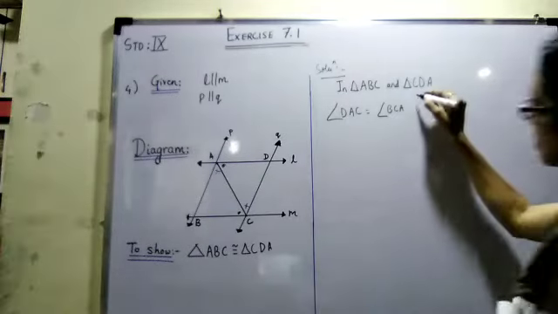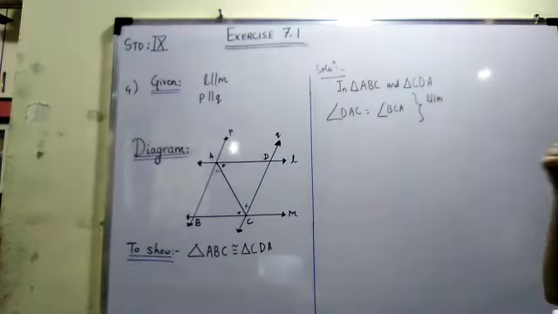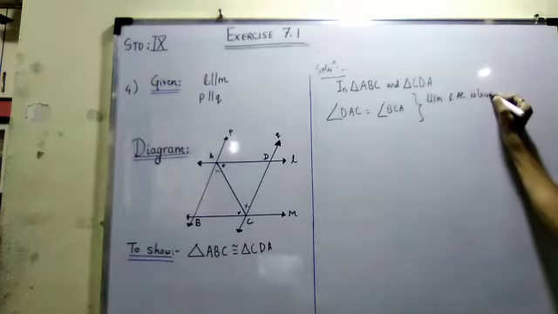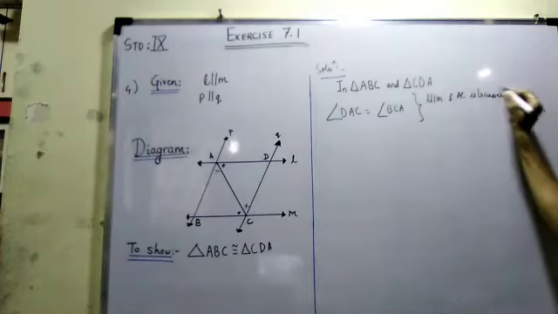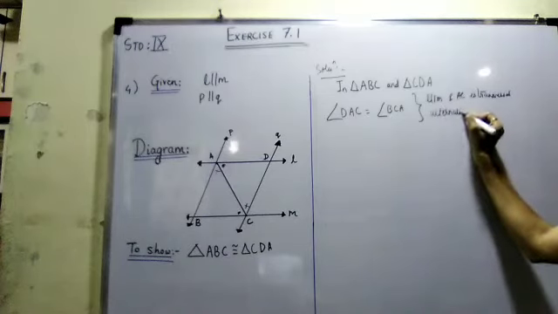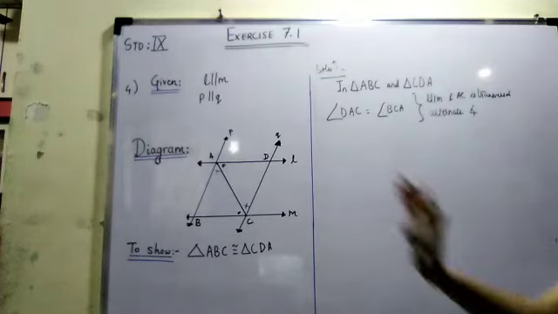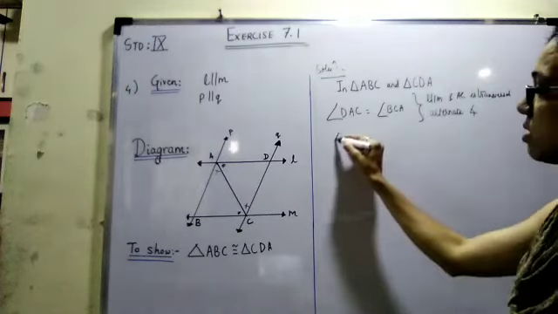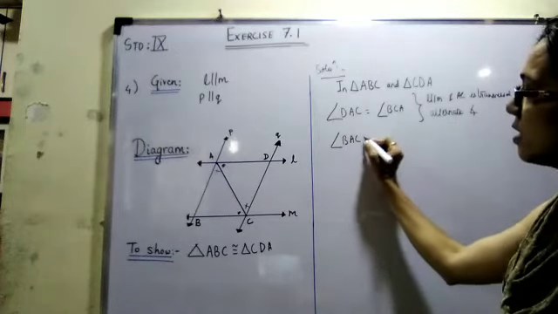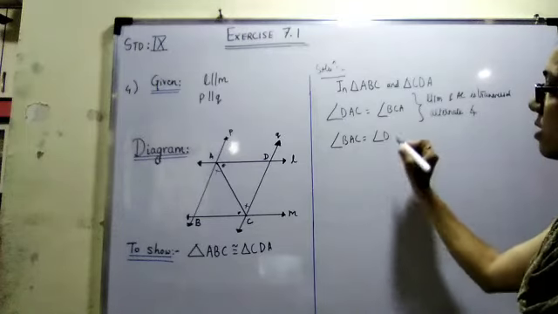The reason is L is parallel to M and AC is a transversal. So they are congruent alternate angles. Alternate angles are congruent, which are formed by these two parallel lines taking AC as a transversal. Similarly, I can write down angle BAC congruent to angle DCA.